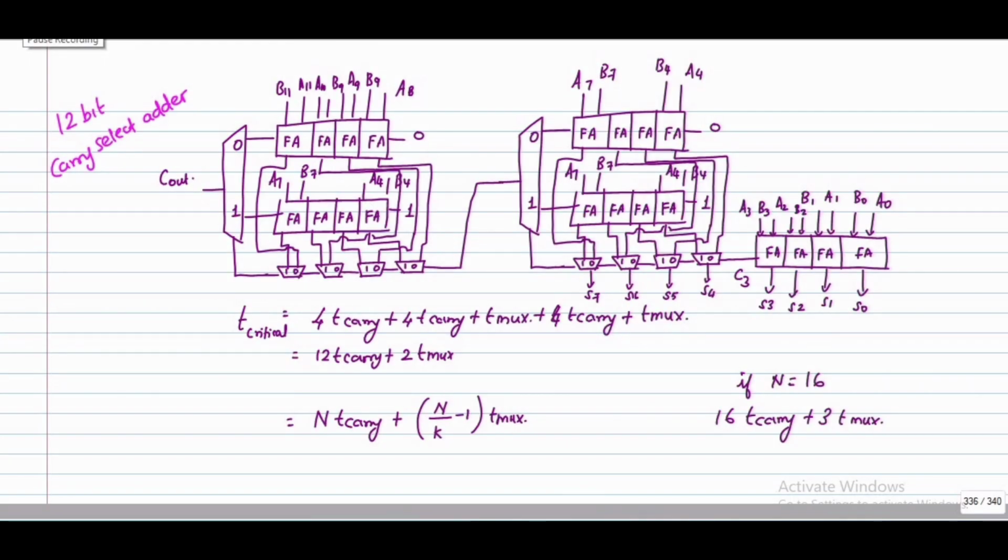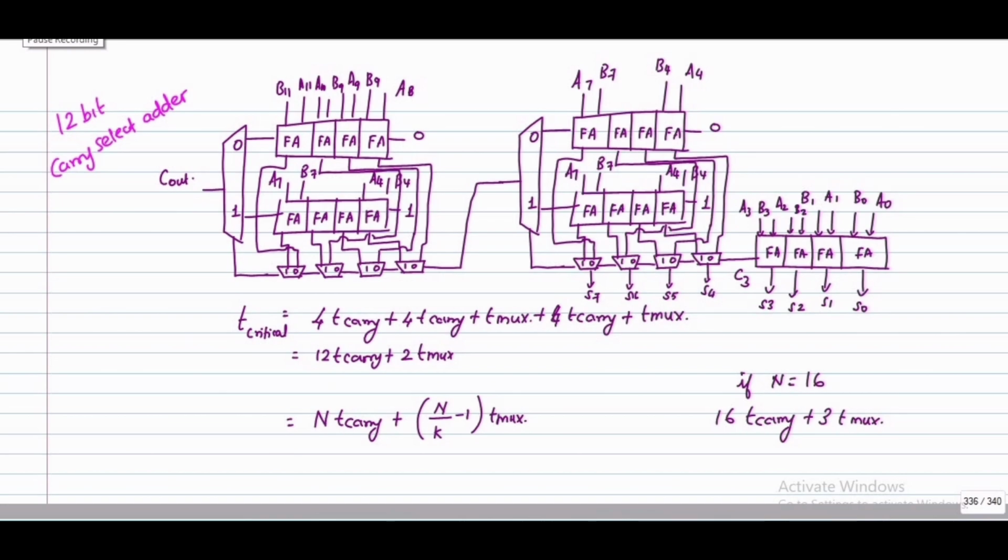Here also you can see from the 4-bit C3 value, the carry is mentioned as C. So I have calculated the values of C7 if the C3 value is 0 or 1.